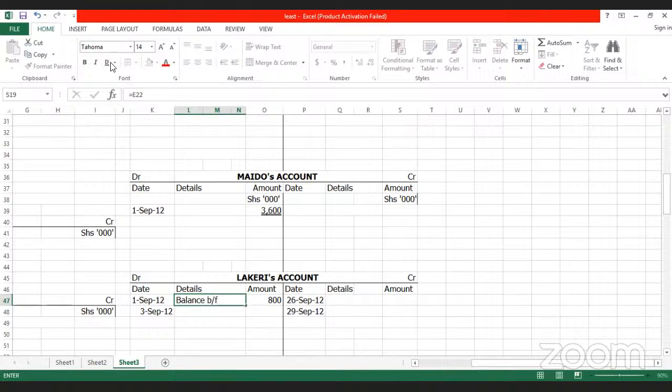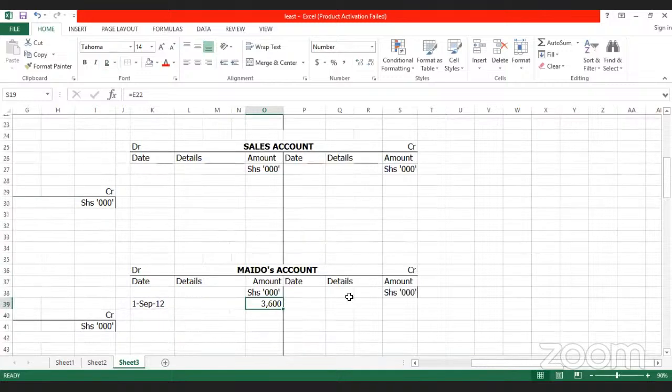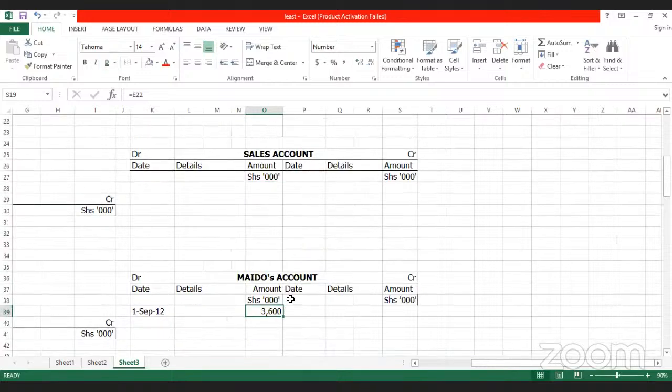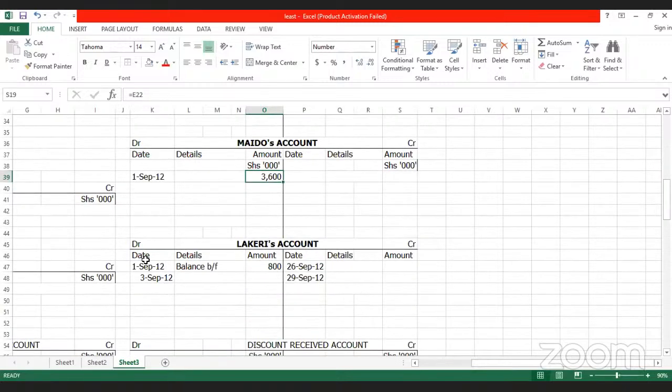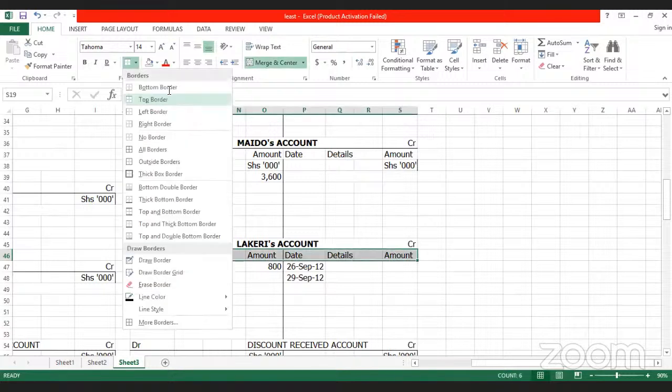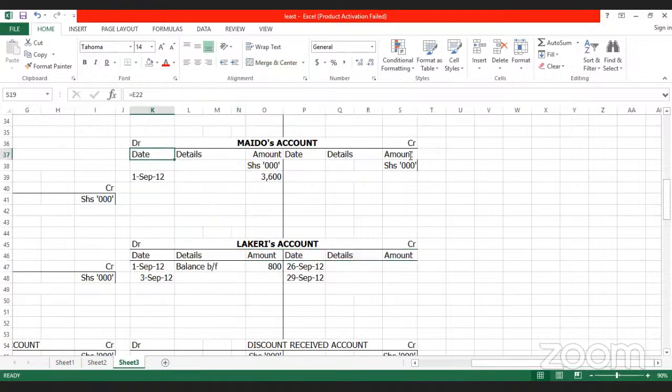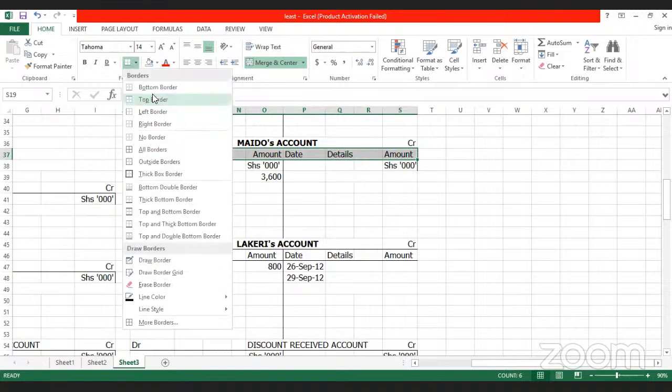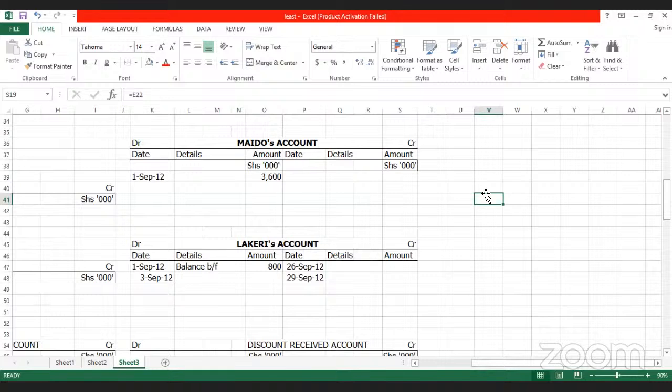Now you can enter the sales. We already know that we have the sales account, Maido's account, and Lakiri's account. Now, which account are we going to debit? Which account are we going to credit? What are we debiting, and what are we crediting? Emmanuel, Pascal, when sales are made on credit, what are we going to debit and what are we going to credit?